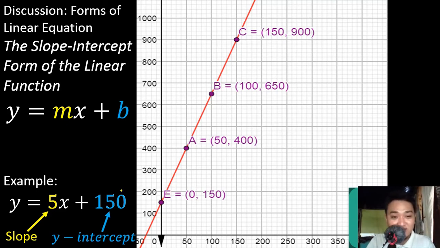Just to be clear, hindi naman yung 150 agad y-intercept agad yan, hindi po. It only tells us the ordinate of the y-intercept or yung kanyang y value. Pero to be exact, ang y-intercept po niya is the coordinate 0, 150. Okay po?